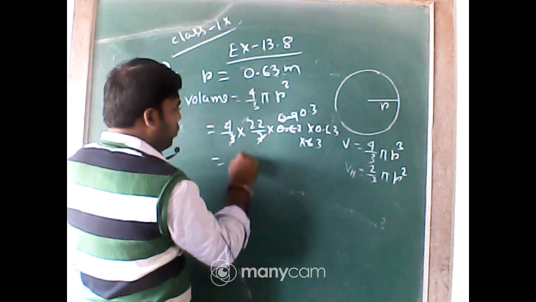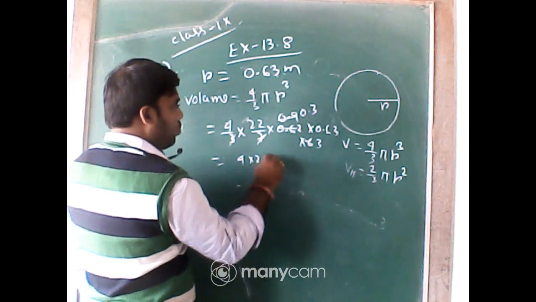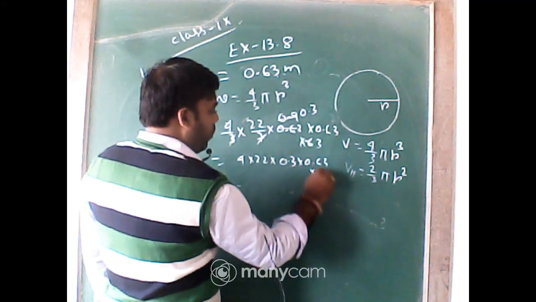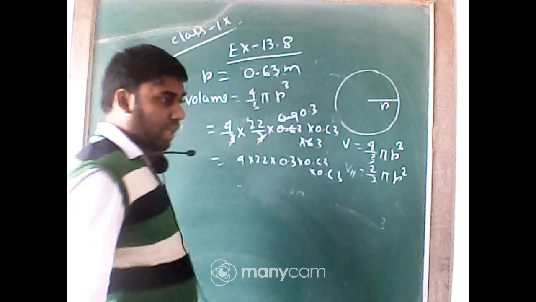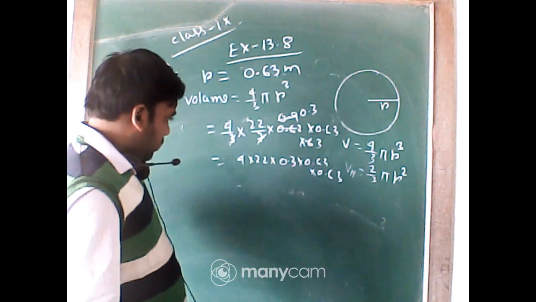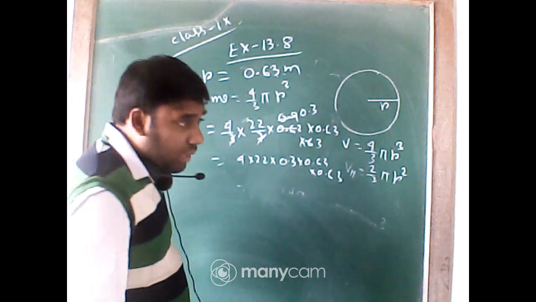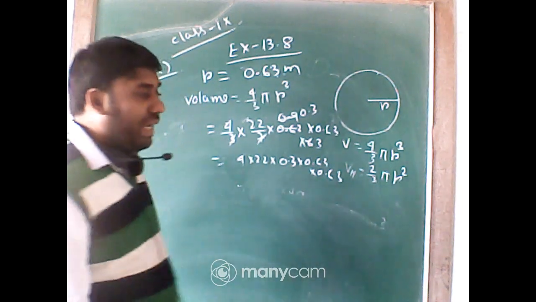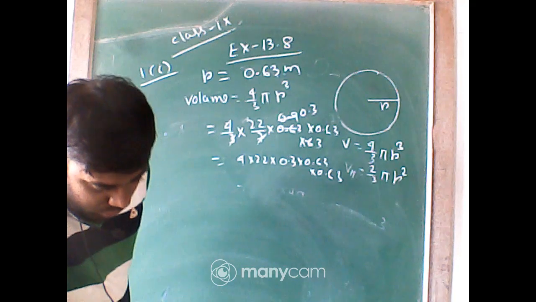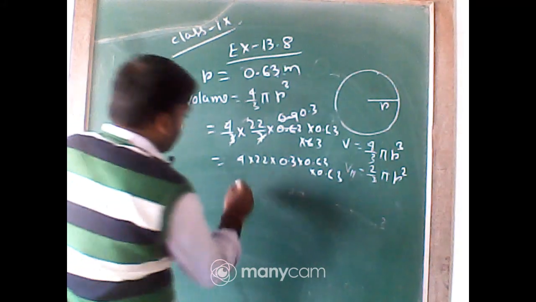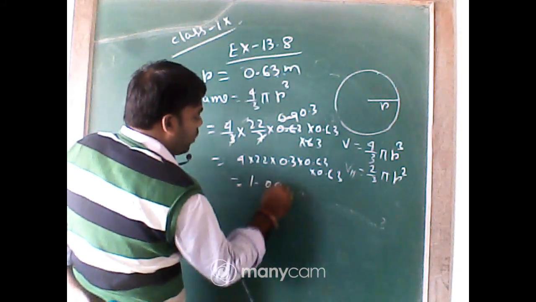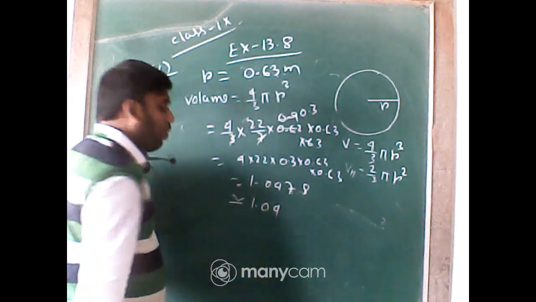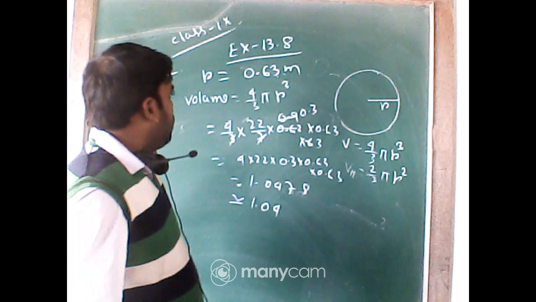So 4 into 22 into 0.3 into 0.63 into 0.63. Am I correct? Any problem? If I multiply it, I will get 1.0478, approximately 1.04.